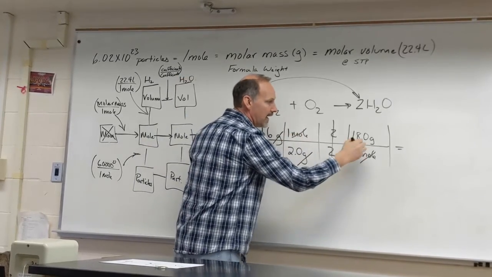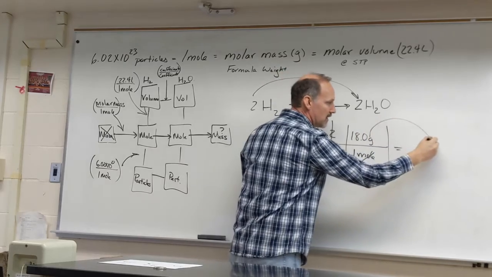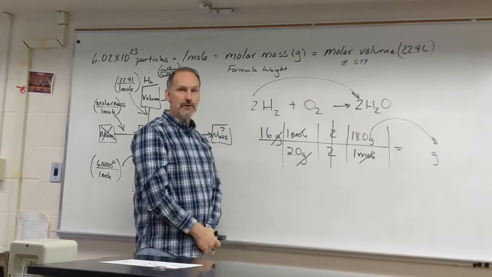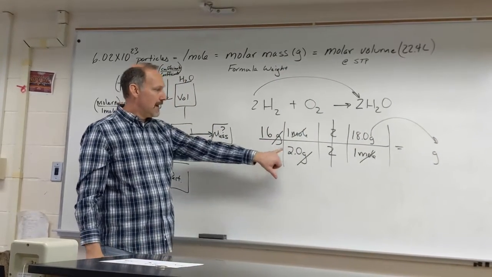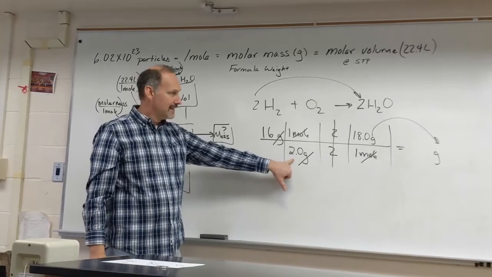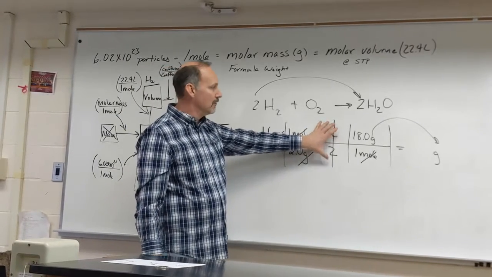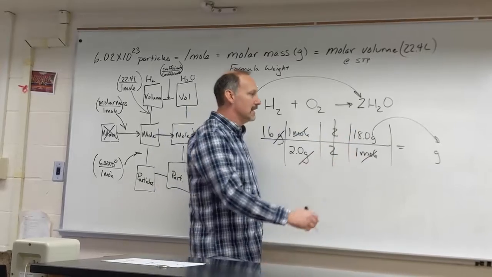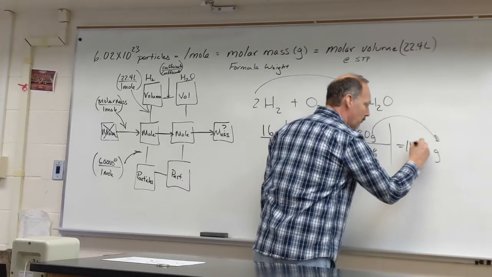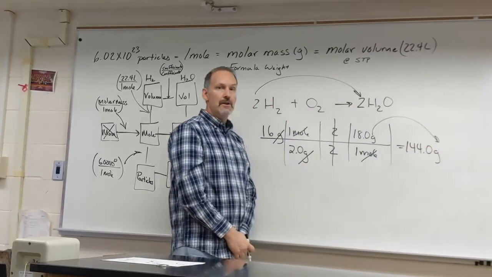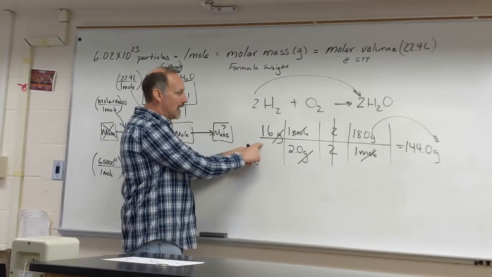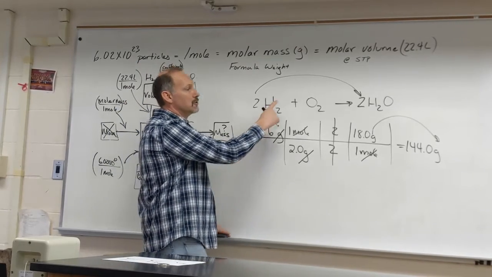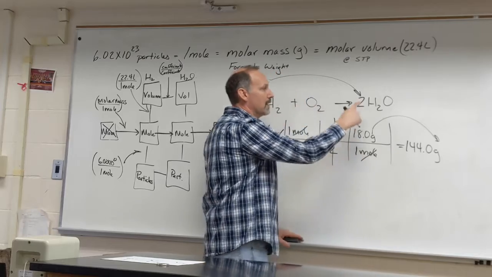Moles and moles, and grams is the last unit, so I should get a gram answer. Now I just need to do the math. 16 divided by 2 is 8. These 2's canceled out, so then 8 times 18 is 144 grams.